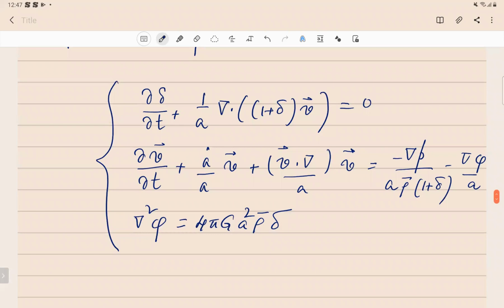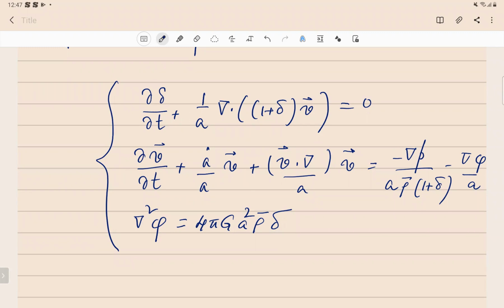Another crucial difference between the full relativistic formalism and the Newtonian formalism is the role of pressure. In relativistic formalism, when you write the full energy momentum tensor, the pressure has the same role as density. That is not true in a Newtonian picture.